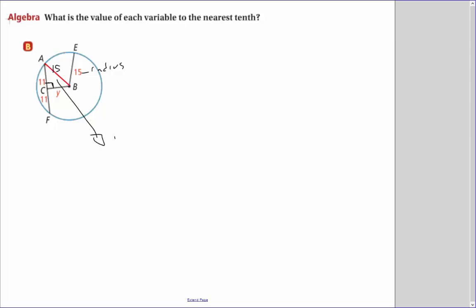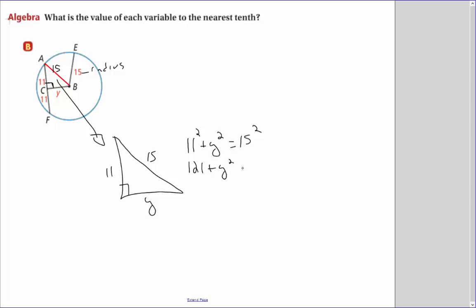Then you have a right triangle. So I have y, I have 15, and 11. Now it's the Pythagorean theorem because it's a right triangle with two given sides and a missing side. So I have 11 squared plus y squared equals 15 squared. I have 121 plus y squared equals 225. Y squared equals 104.